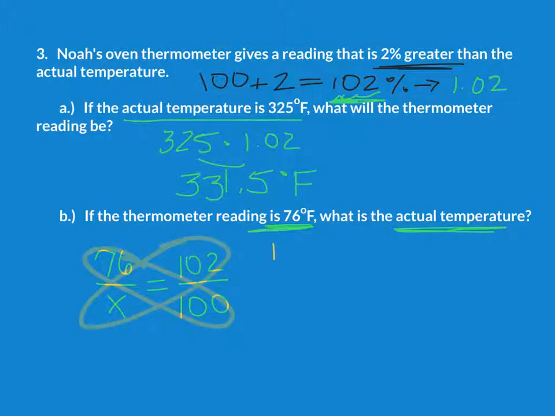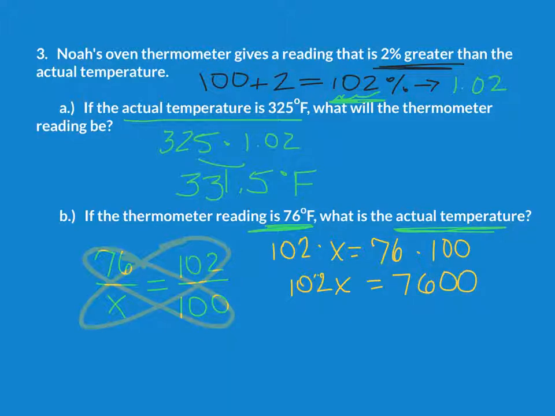So that means we've got 102 times x equals 76 times 100. 102 times x is 102x. That's equal to 7,600 because I'm multiplying that times 100.